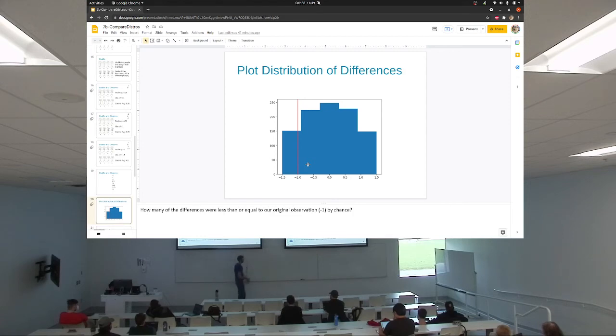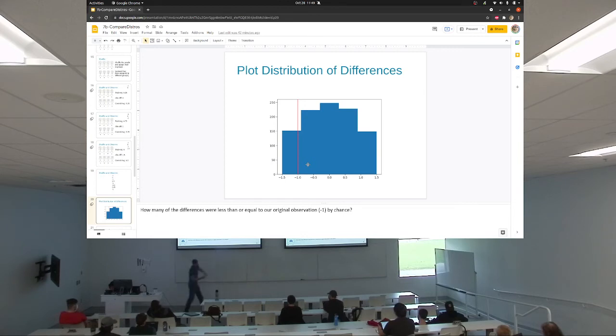Similar to this, except it's continuous, whatever. That amount right there. All of the things by chance, the number of things that happened by chance that matched or beat what I originally observed.